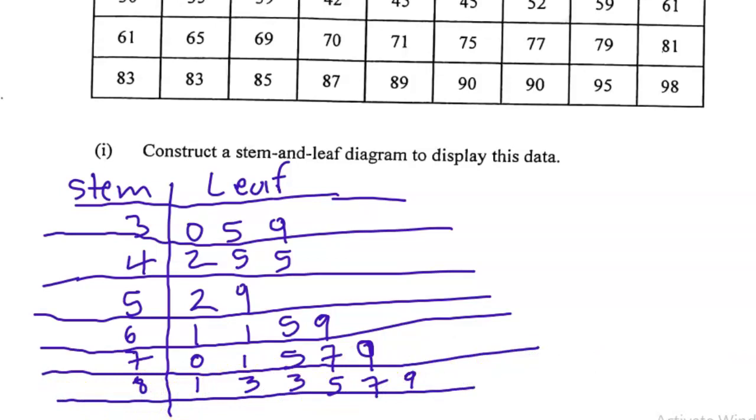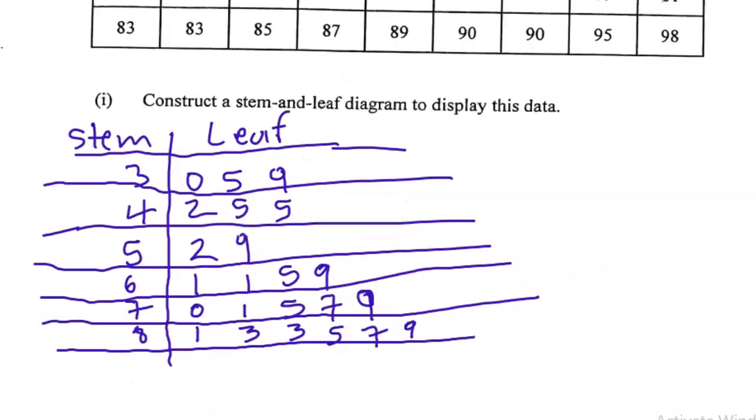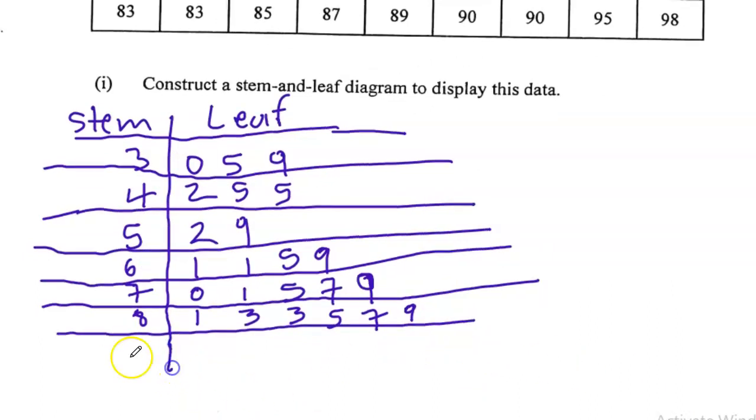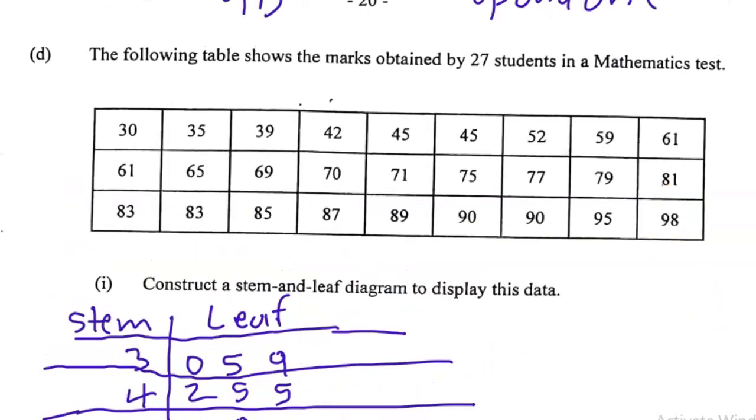And then we have the numbers in the 90s now: two 90s, and we have 95 and 98. If we count all the digits in the leaf, we should get 27, since there are 27 students.